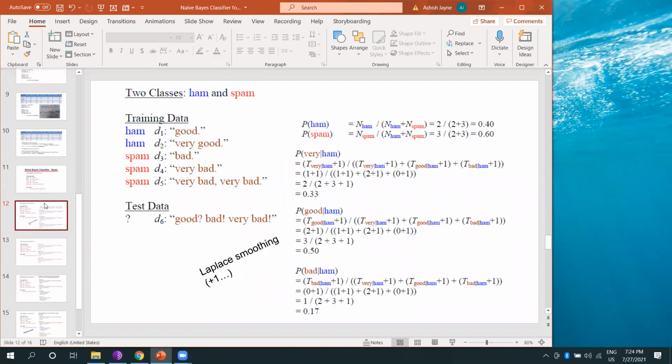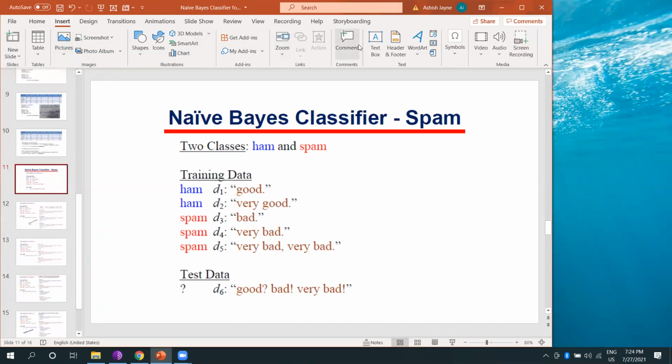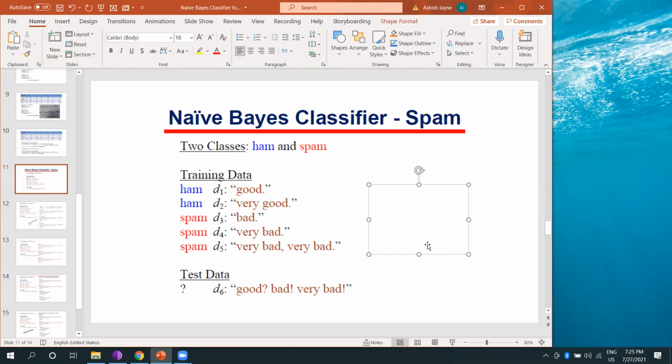what we have to predict over here: P(ham | D6) and P(spam | D6). Now, essentially D6 is nothing but your words good, bad, and very bad.